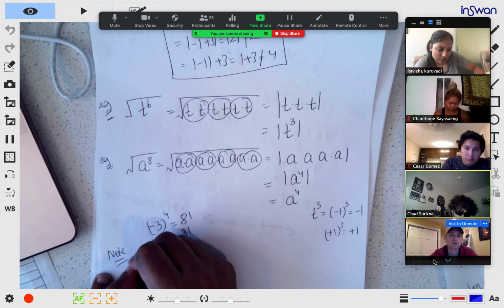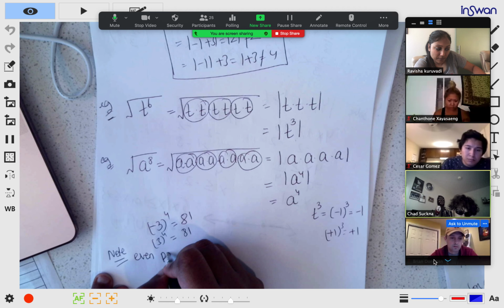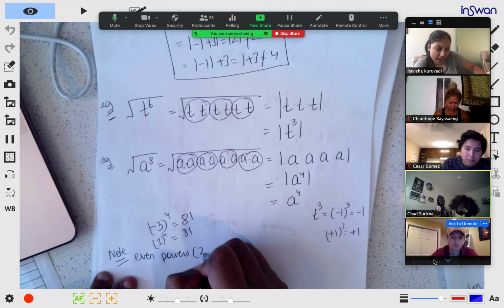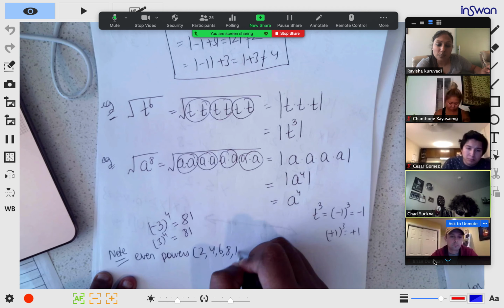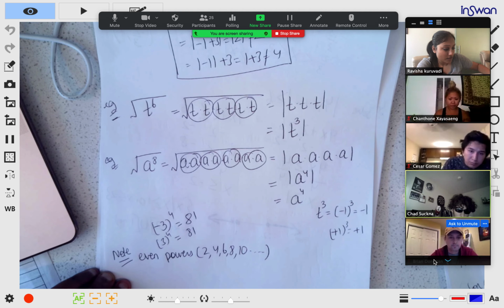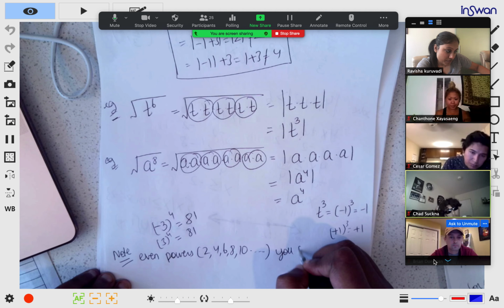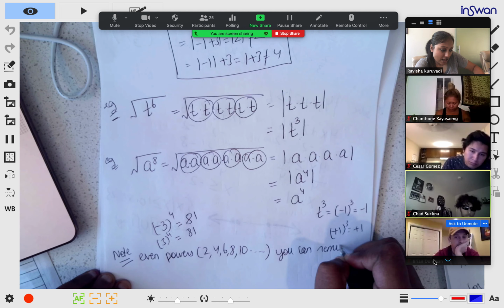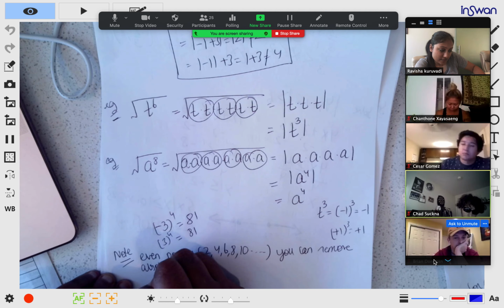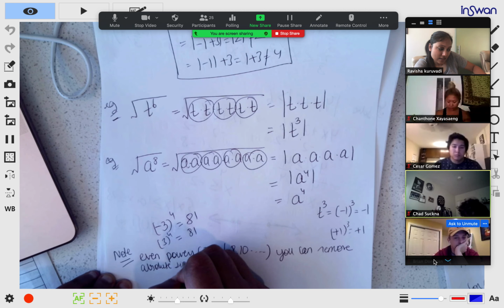Even powers, that means 2, 4, 6, 8, 10, and so on, will be positive, so you can remove the absolute sign at the end.